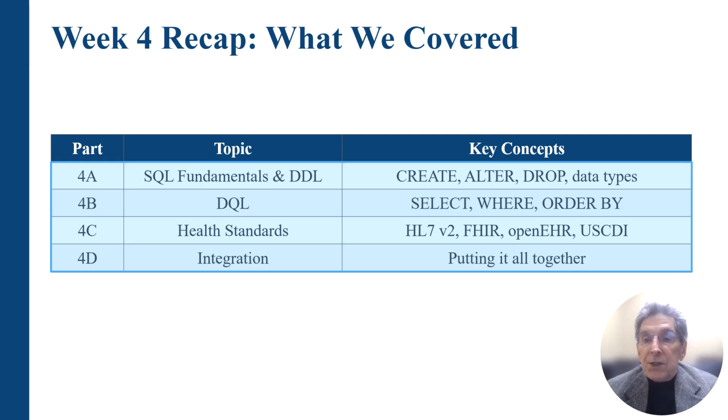You understood OpenEHR's two-level modeling with archetypes and templates. You examined U.S. regulations, the Cures Act, the ONC Final Rule, and USCDI requirements. These frameworks tell you how healthcare data should be structured for exchange.